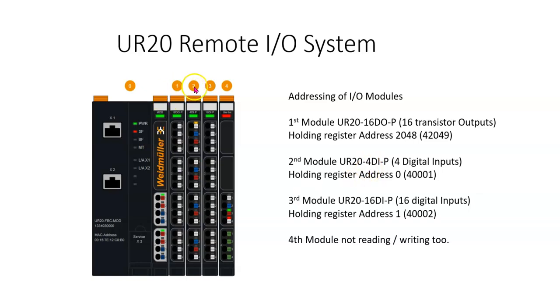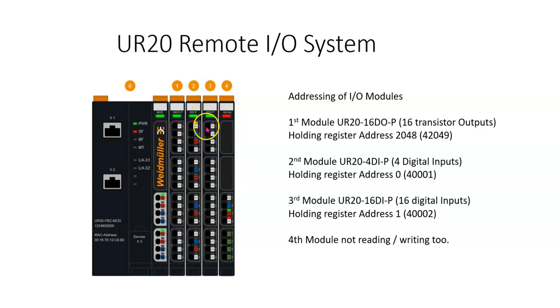And then in slot 2 we have 4 DIP, so 4 digital inputs with positive PNP switching again, and that's holding register 0, because on the Weidmuller UR20 all input registers start at address 0 and all outputs start at address 2048. This is explained more in the manual, but you might not be using a UR20, this is just an example anyway.